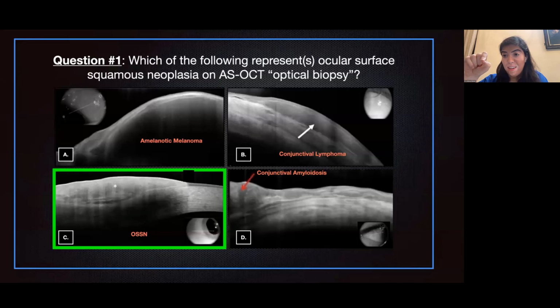B is a conjunctival lymphoma. Remember the monomorphic cells. Remember the homogeneity in lymphoma. And D being conjunctival amyloidosis with that sort of stringy appearance, okay? And that is what is classically seen here. Super, guys. Very, very good.